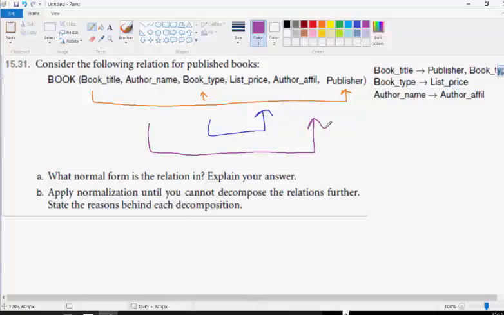So what do I have to do first? What normal form? But even before that, there's something that we always have to answer. What is my candidate key? Because without the candidate key, I can't even go to second and so on. So if I start from book title, I can get to book type and publisher, but I can never get to author affiliation.